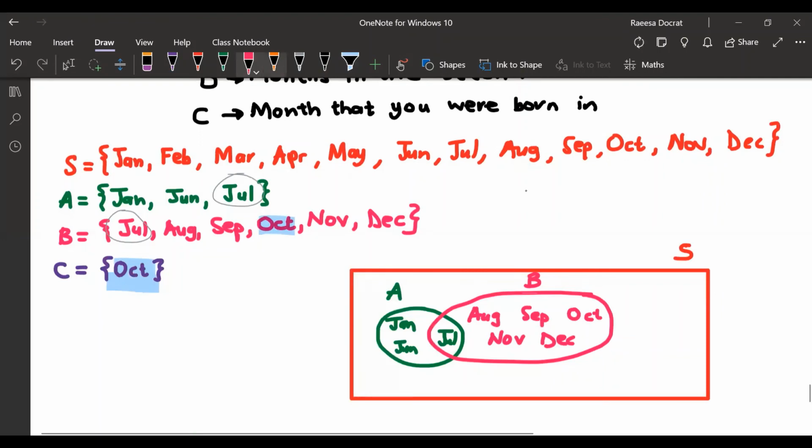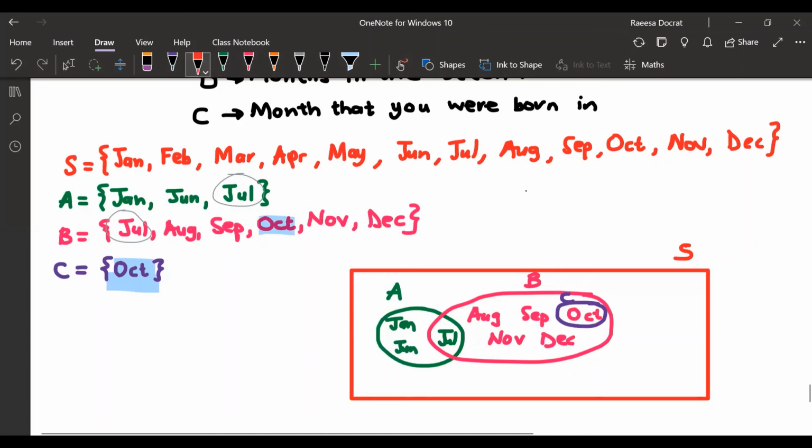And then C would be the month that I was born in, and C is exactly in this one over here. So C is in B for me. Your C could be in B, like in the case of mine, or it could be in A, or if it's July, then your C would be this part over here.